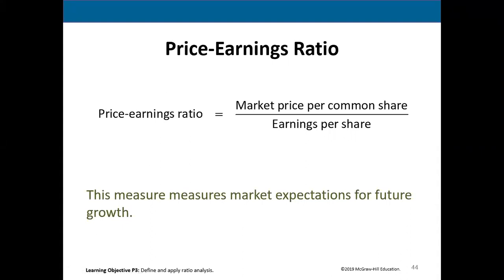Remember, earnings per share is how much profit the company makes for one share of common stock. So we divide those out. And this is just so cryptic, this message here. Measures market expectations for future growth.